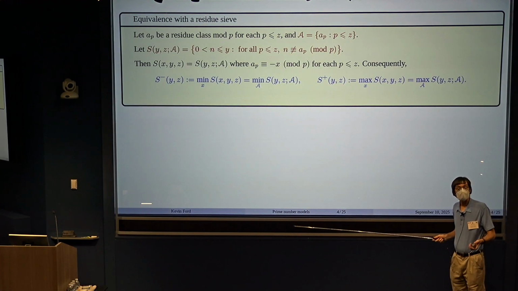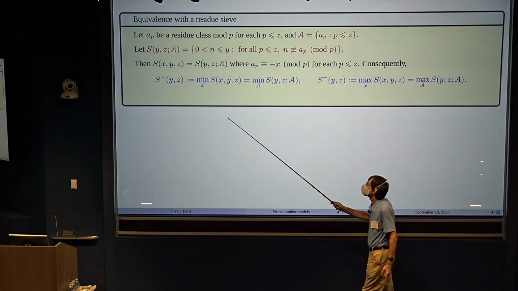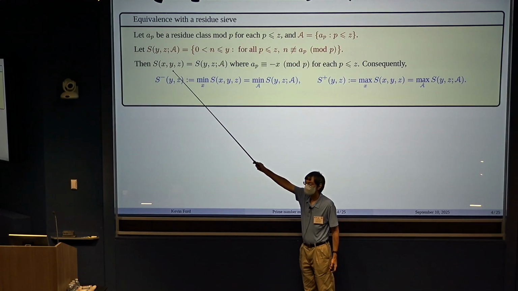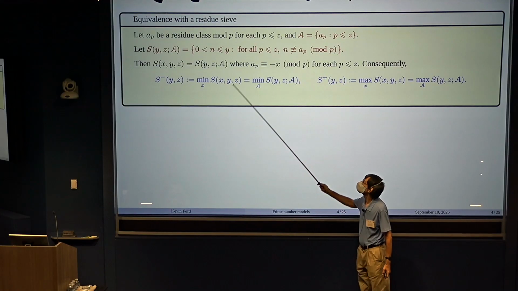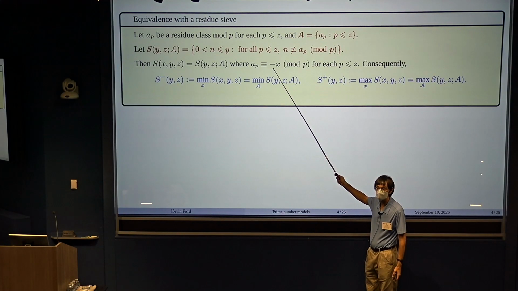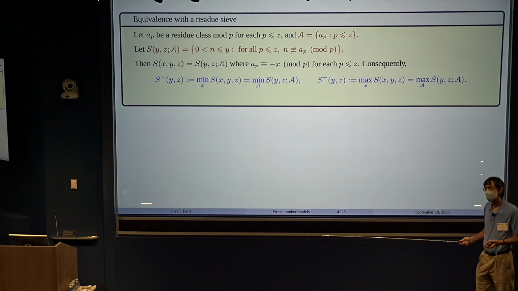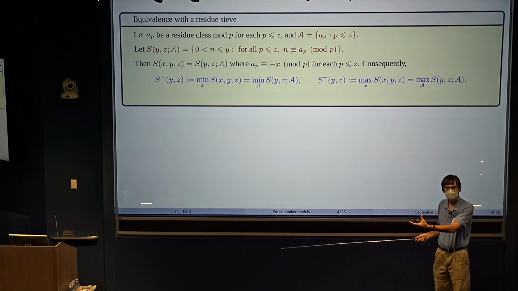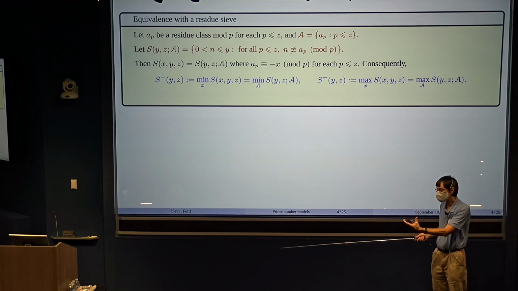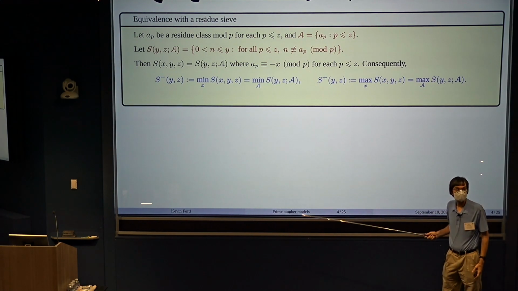And by a very simple, essentially Chinese remainder theorem argument, the original problem I had on the previous slide is equivalent to a residue sieve where the residues are minus x mod p for each prime. So you could think of this interval sieve problem in two different ways: taking an arbitrary interval of a given length and removing all the integers that are divisible by a prime up to z, or starting with a fixed interval 0 to y and varying the residue classes.